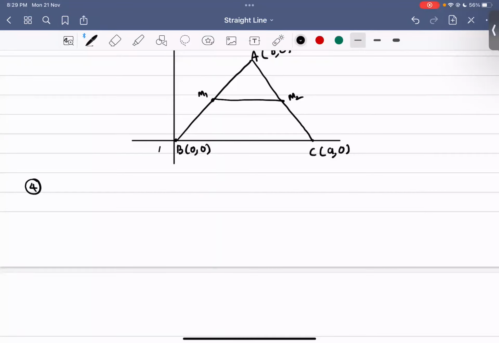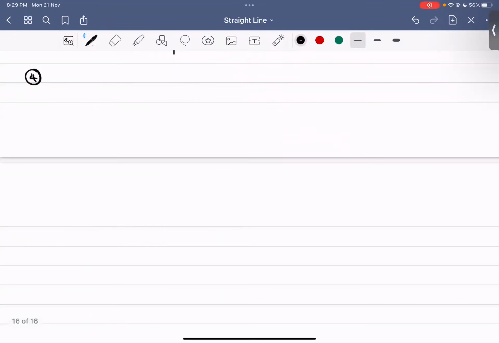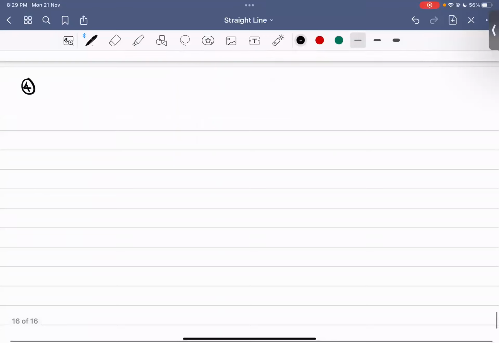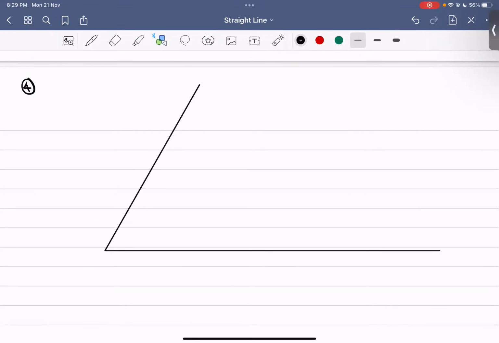Suppose I'll write note number 4 over here. Note number 4. See, you take a triangle. Suppose, right, this is the triangle. So in this triangle, first I will draw the altitude.